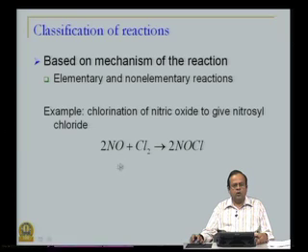Thing to remember is there are no known reactions of molecularity higher than 4, that is elementary reactions. So, the moment you see the molecularity of a reaction is 4, one can immediately come to a reasonable conclusion that this cannot be an elementary reaction.